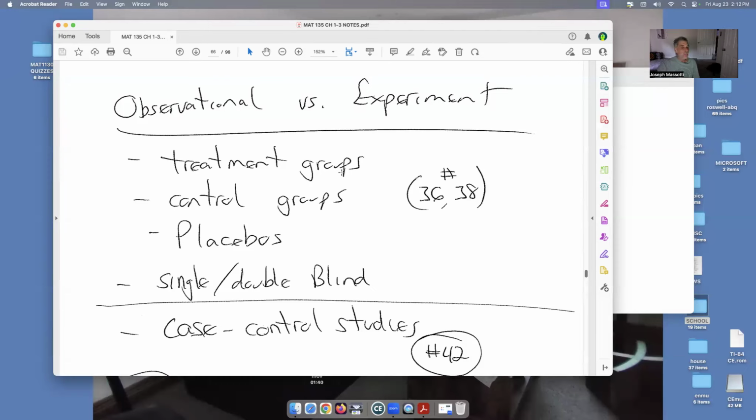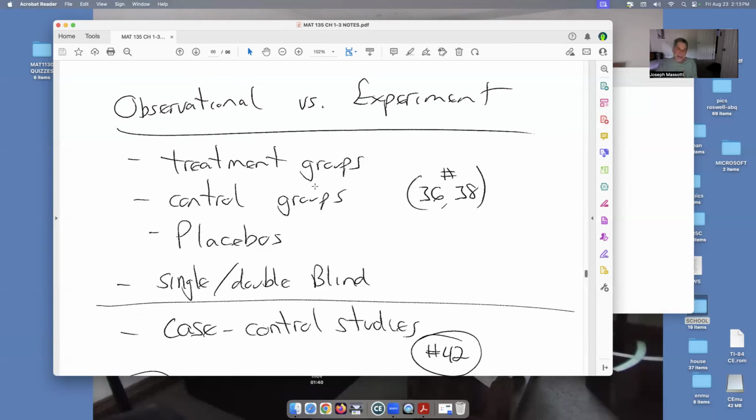A very important idea in experimental design is to try to create groups such that everything about the groups is as similar as possible, other than the one thing that you're measuring.